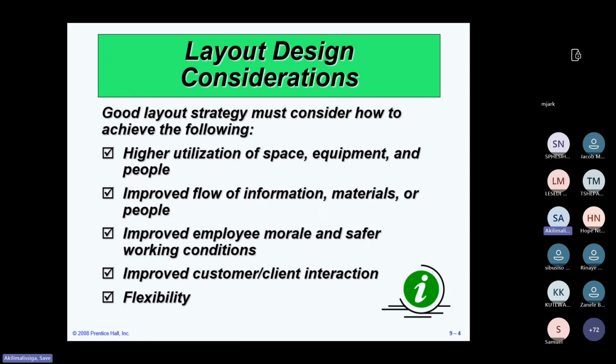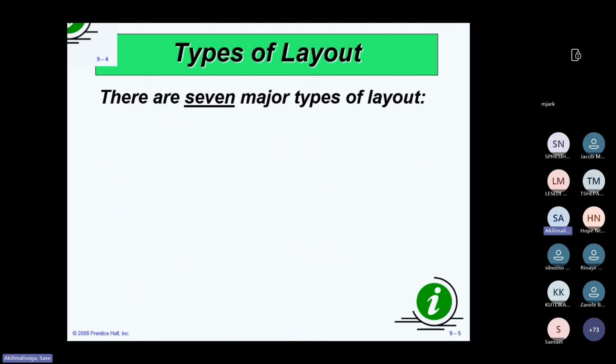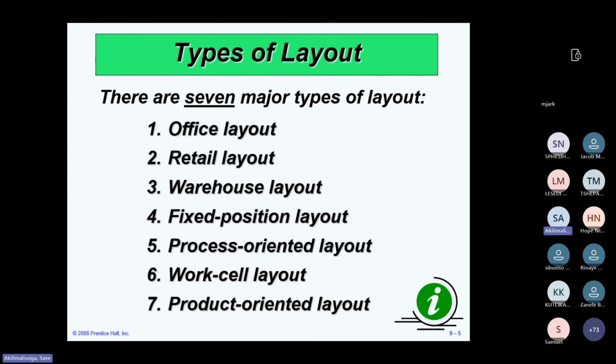Is the company able to adapt to the fluctuation in the demand? So in terms of meeting the daily production or the weekly production, something like that. So that's what I'm saying, that you can explain this from different angles. But that is the main thought around flexibility. So now let's look specifically at the 7 types of layout.